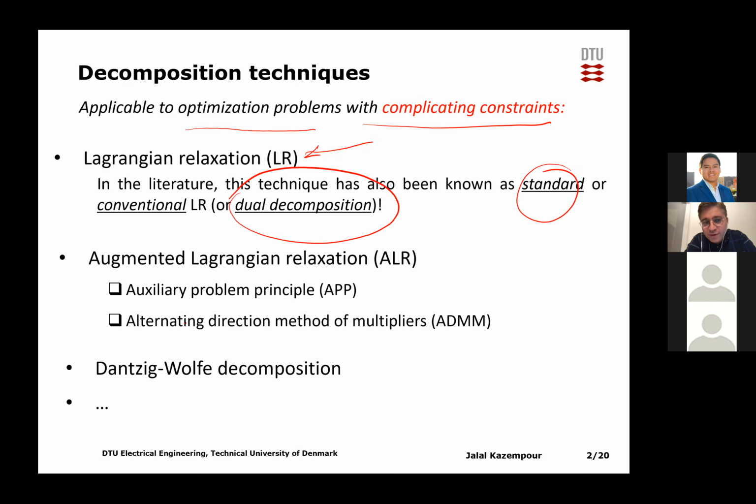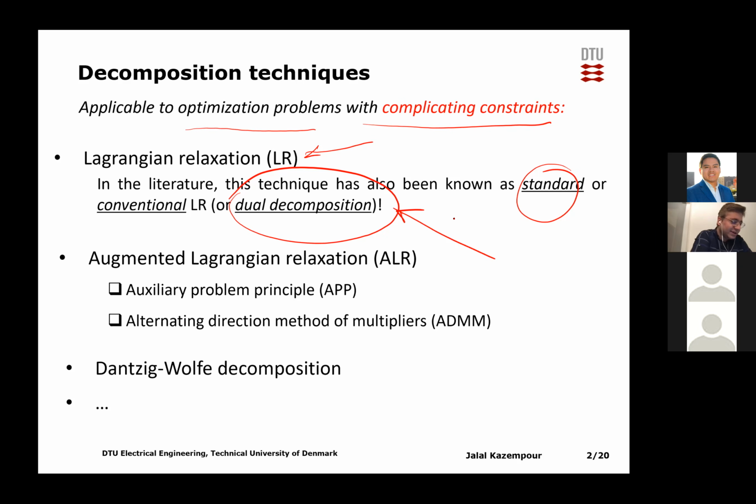Any clue why we call Lagrangian relaxation dual decomposition while Bender's and similar techniques primal decomposition? Any guess? The reason is that in Bender's, what we are updating over iterations is the primal variable, the complicating variable.